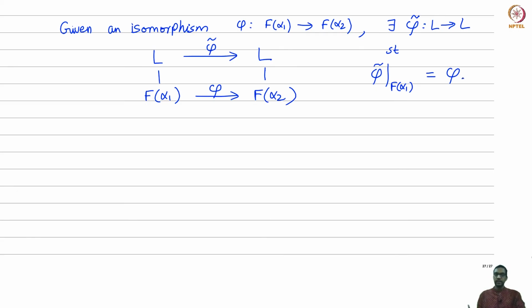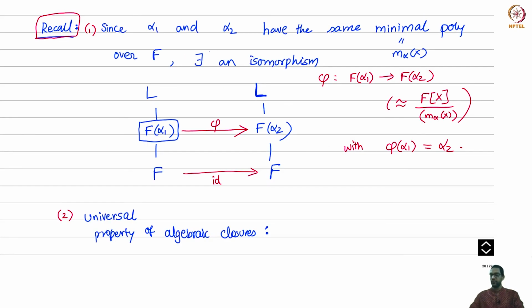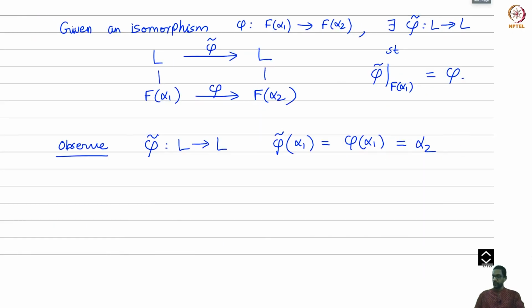But now observe that this exactly contradicts hypothesis 2. This map phi tilde from L to L, an automorphism of L, coincides with phi on F(alpha 1). So it does whatever phi does to alpha 1, and remember that's the special property of phi: it maps alpha 1 to alpha 2. So phi tilde maps alpha 1 to alpha 2.